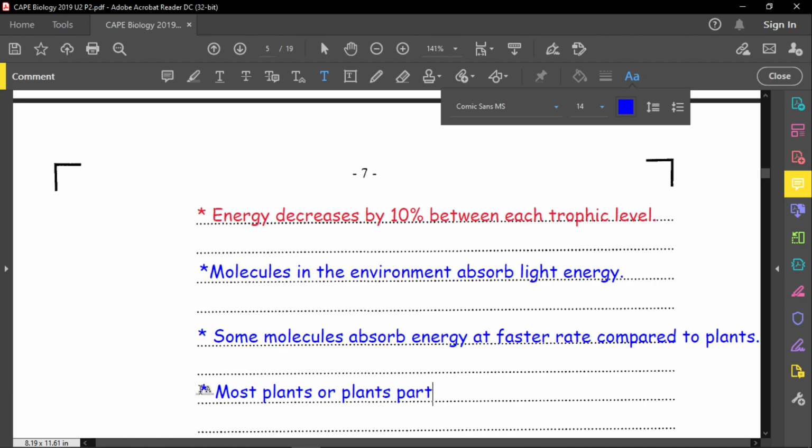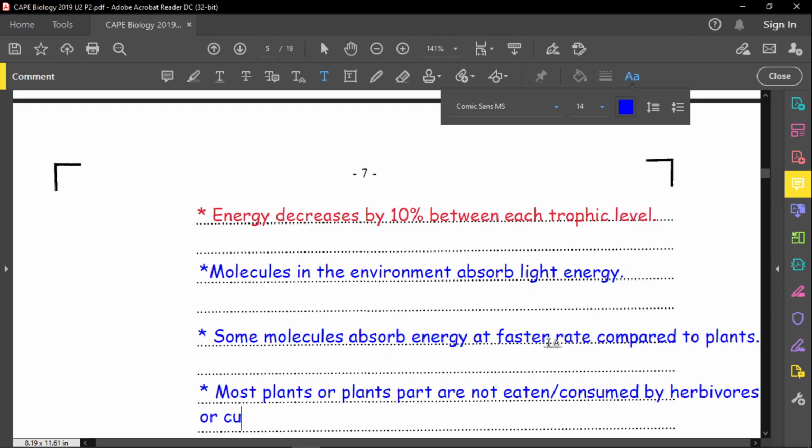So most plant parts or plants themselves are not eaten or consumed by herbivores or consumers, right?